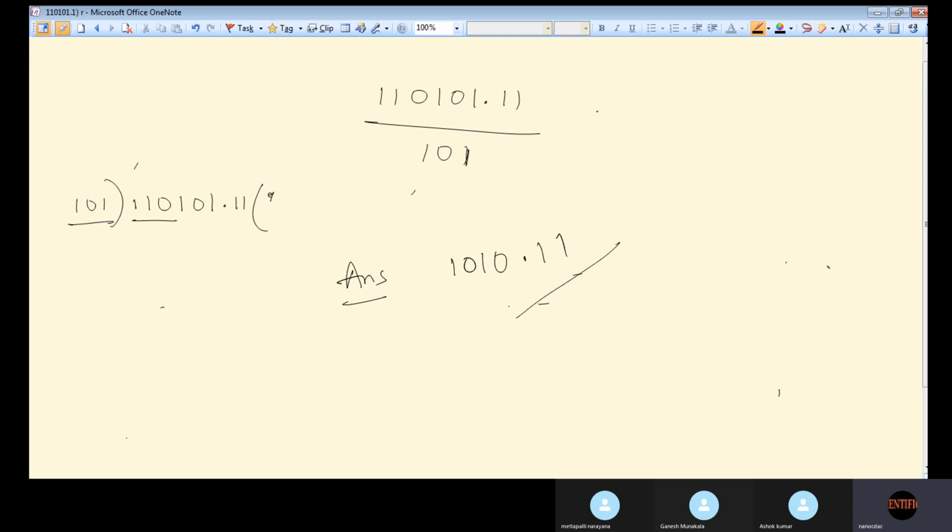Signed numbers and how to represent signed numbers and binary arithmetic. Representing signed numbers using two's or one's complement method. So we will see this one.